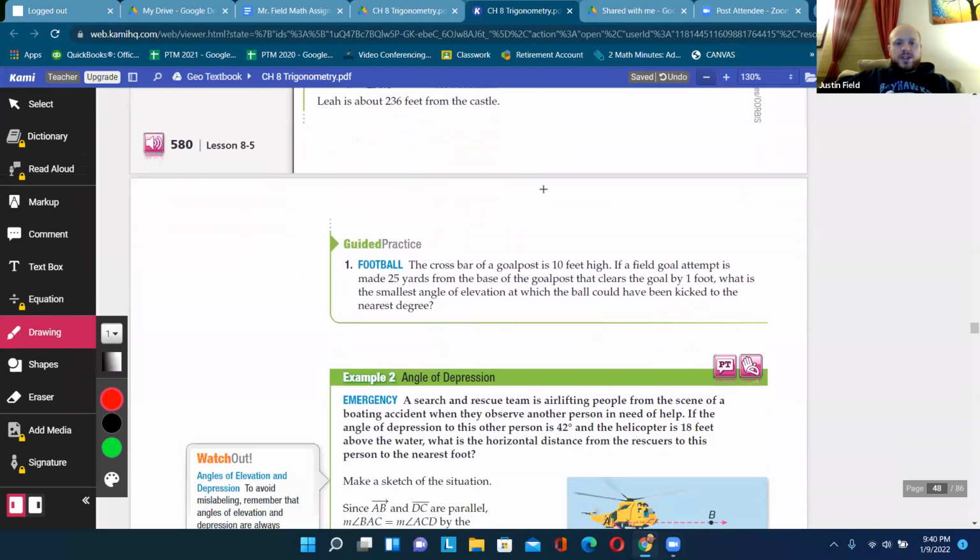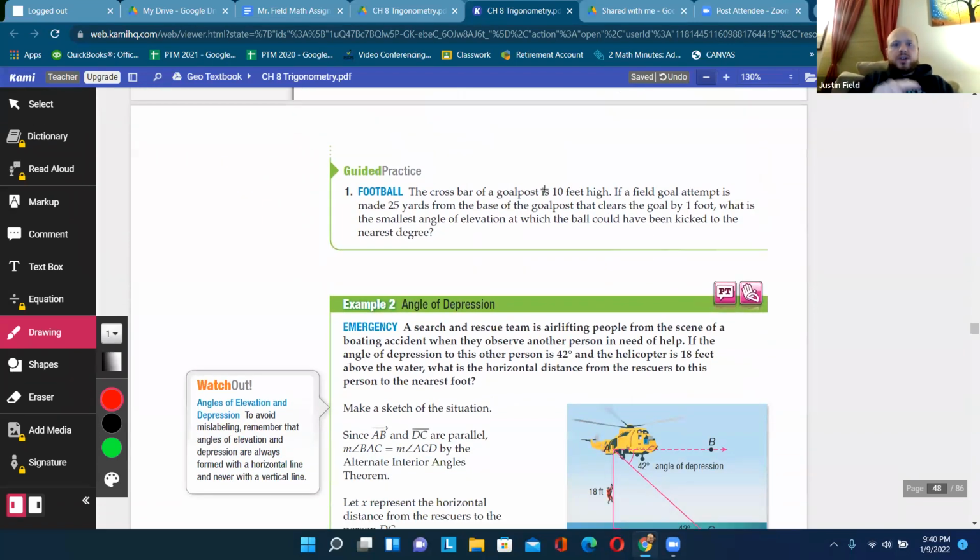All right, so let's try to draw a picture. The crossbar of a goalpost is 10 feet high. Okay, the crossbar. So there's the goalpost, 10 feet high.